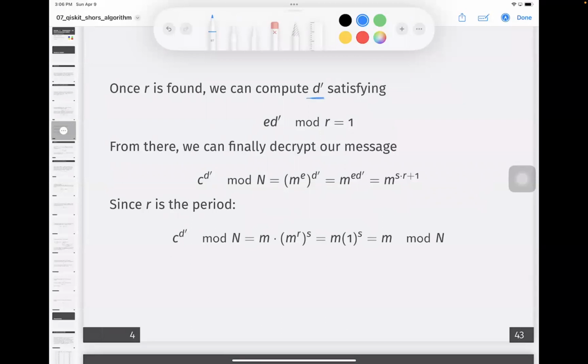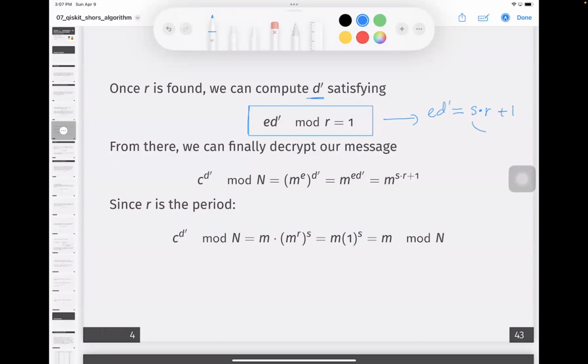Given this formula, we want to find D prime such that E times D prime modulo R, which is the period, will give you 1. And by the definition of modular arithmetic, we know that if this is true, then E D prime is equal to some positive number S multiplied by R, plus 1.